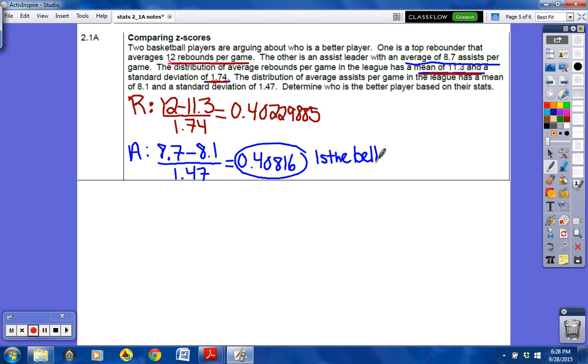Now, of course, they have different skills, but in regards to assists, which is the strength of the one player, they rank higher than rebounds, which is the strength of the other player. And so they're lower, they have a lower standardized value.